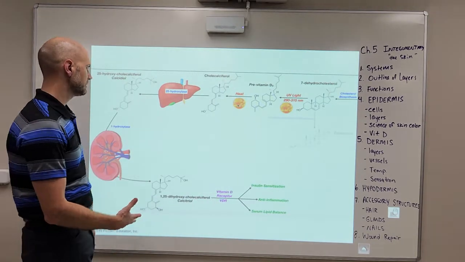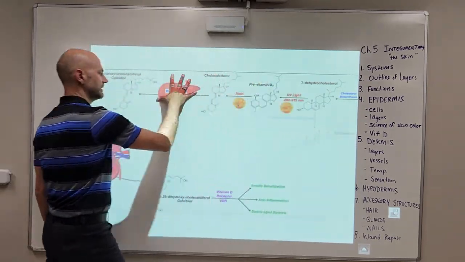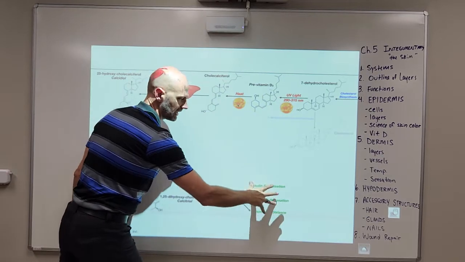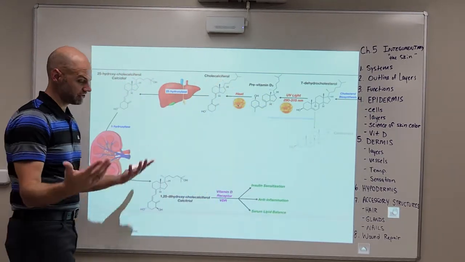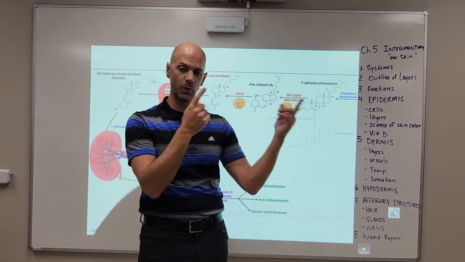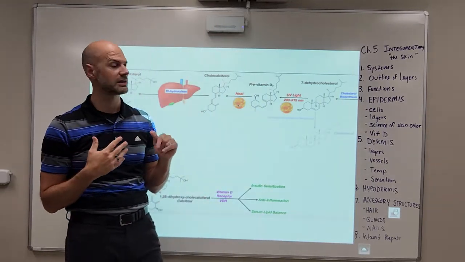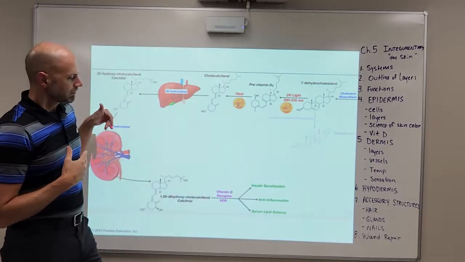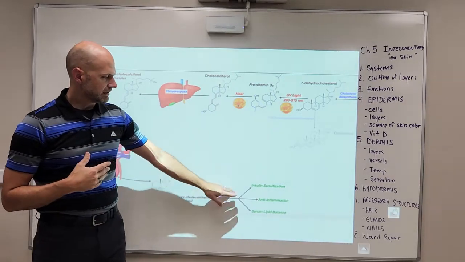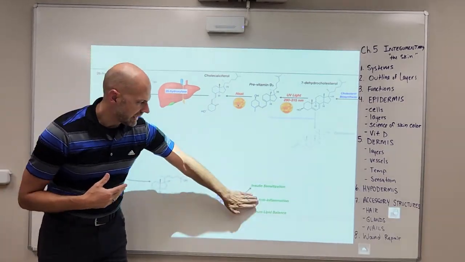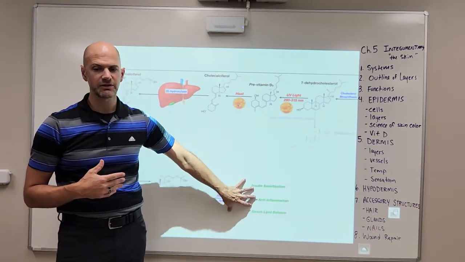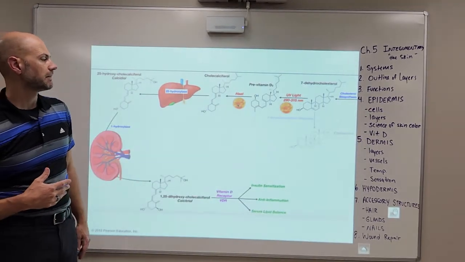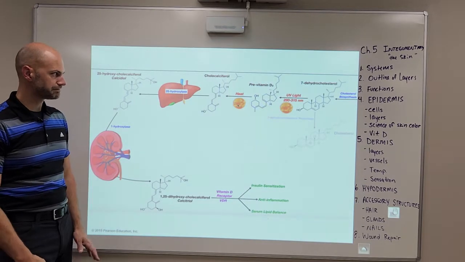All right, same deal: skin, liver, kidneys, and then all the downstream effects. So this is the shape of the pathway on this diagram. I'm showing it to you a couple times because one of these might be more useful than the others. The importance of vitamin D for insulin sensitization, anti-inflammatory responses, and serum lipid balance. There's lots of downstream effects, including our absorption of calcium.